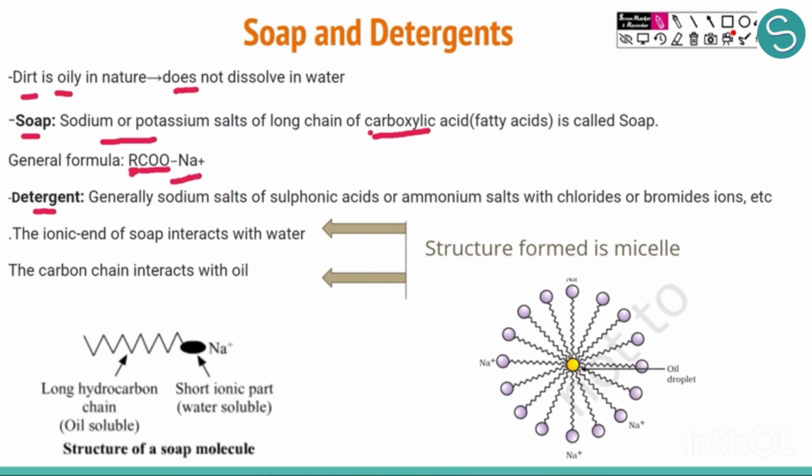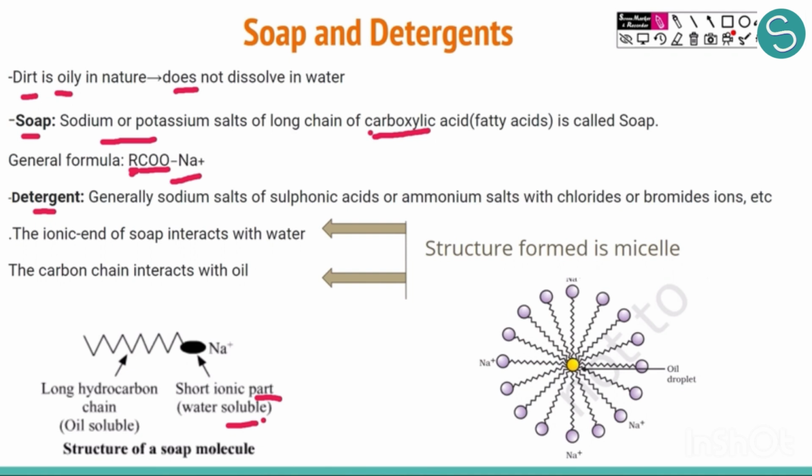Now if we see the structure, this is the long carbon chain. It is represented like this, in a zigzag manner of representing a carbon chain, and at the end we have a sodium ion. Here we have a carboxylate ion, and here we have a sodium ion. This sodium is the ionic part, which is water soluble and hydrophilic.